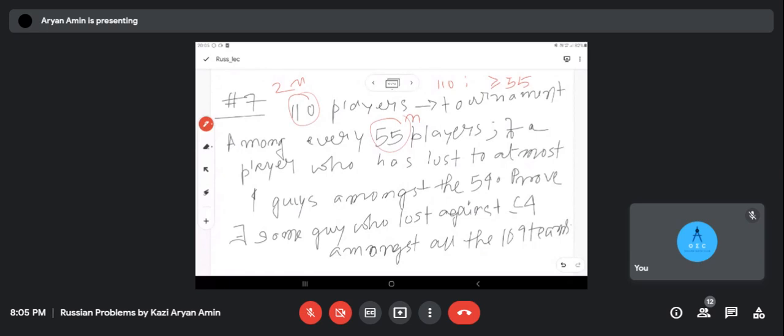When I first tried solving it, I was stuck on the fact that I did not know how to use 110 with 55. If someone hasn't seen Russian problems, it's very hard to guess that 110 is actually fake.